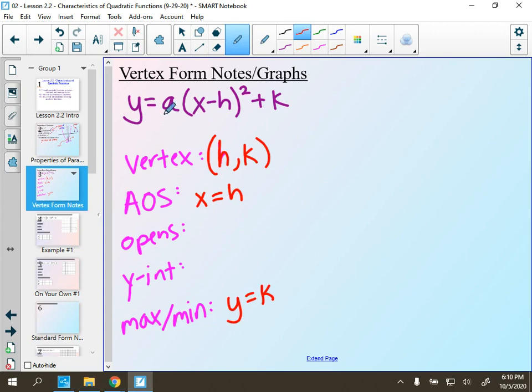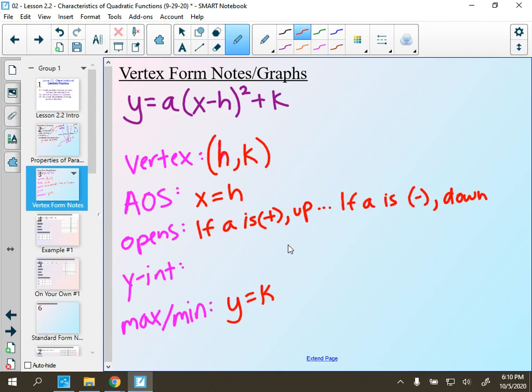a is going to tell us whether the graph opens up or down, the sign of it. So basically, if a is positive, you could say greater than 0, it's going to open up. If a is negative, we'll just say opens down.